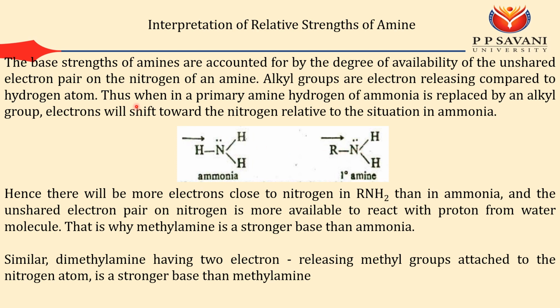Thus when a hydrogen of ammonia is replaced by an alkyl group, electrons will shift toward the nitrogen, as I told you. Hence there will be an increase in electron density on the nitrogen in RNH2 compared to ammonia, and thus the unshared electron pair on nitrogen is more available to react with a proton from water, and that's why methylamine is stronger than ammonia.